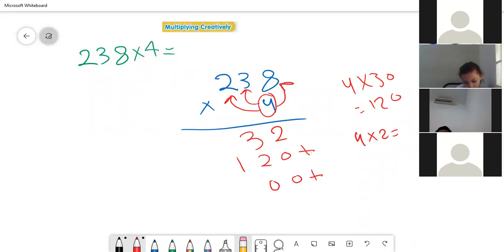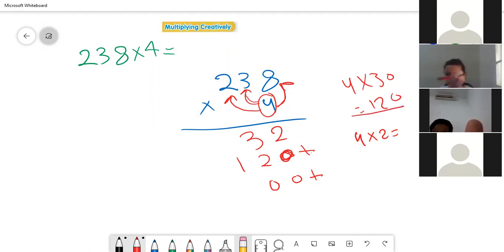Yes. I'll repeat. We multiply the 4 by 8, 4 by 3, and the 4 by 2. 4 by 8 is 32, and 4 by 3 is 12, and the 0 because we are multiplying the 4 by the 3, and 3 is in tens. This means 4 times 30, right?